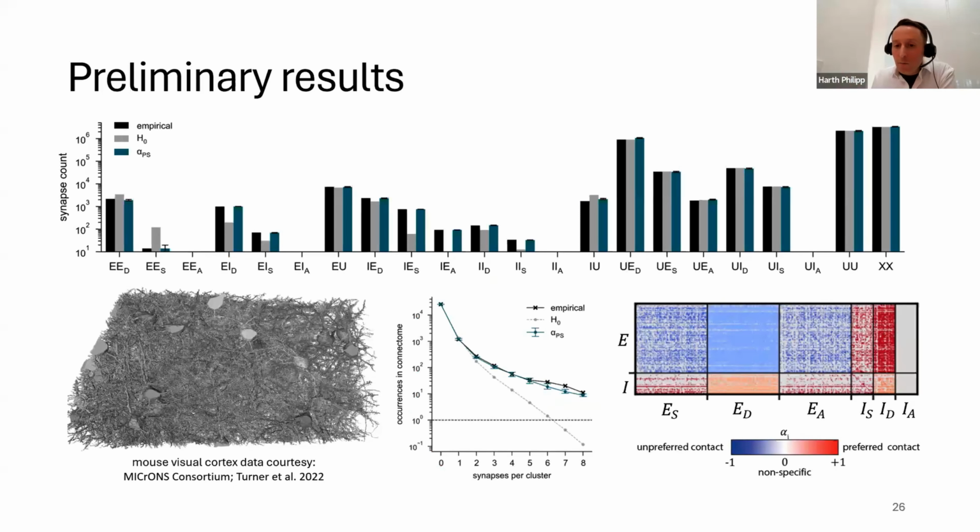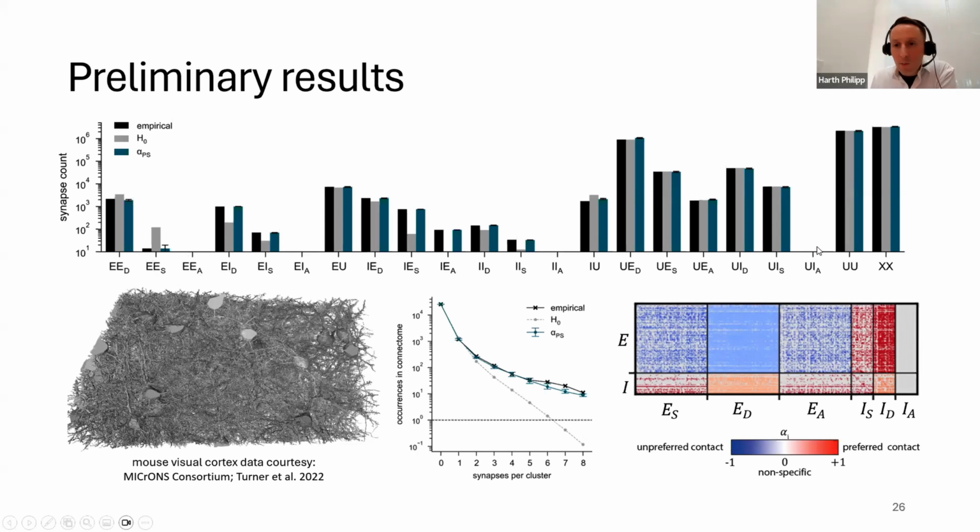Now, applying this to the mouse visual cortex, here are some preliminary results. I think the details of these bars are not too important. E stands for excitatory neurons, I stands for inhibitory neurons, and these subscript letters D, S, A stand for dendrite, soma, and axonal initial segment.